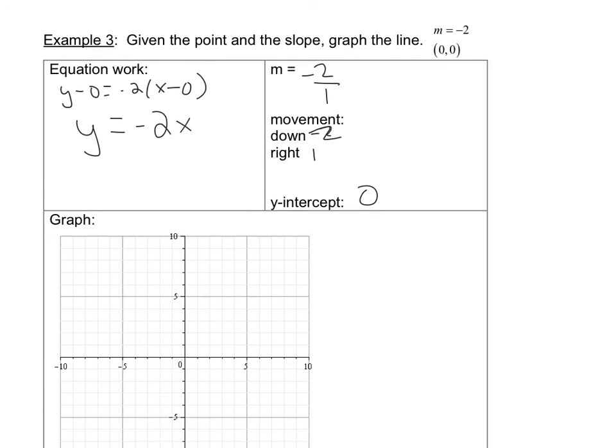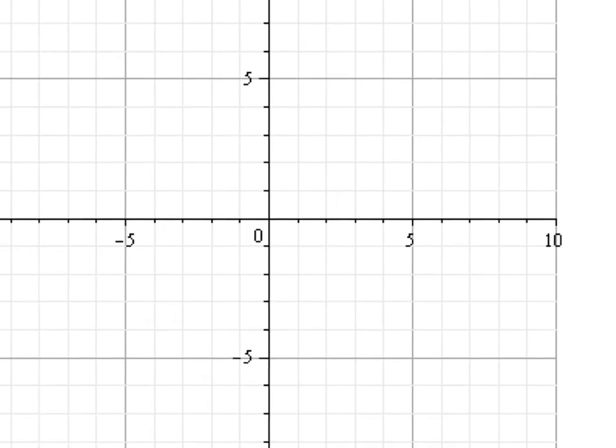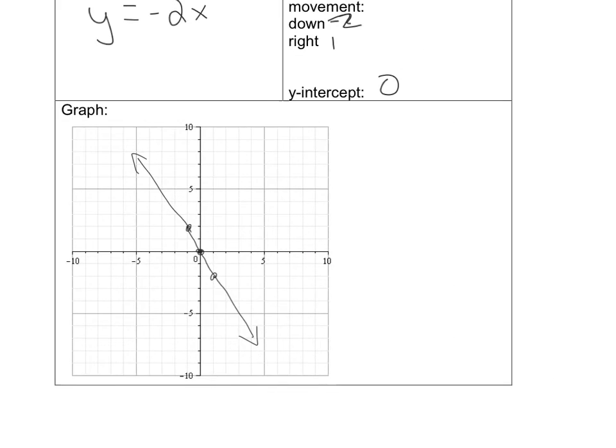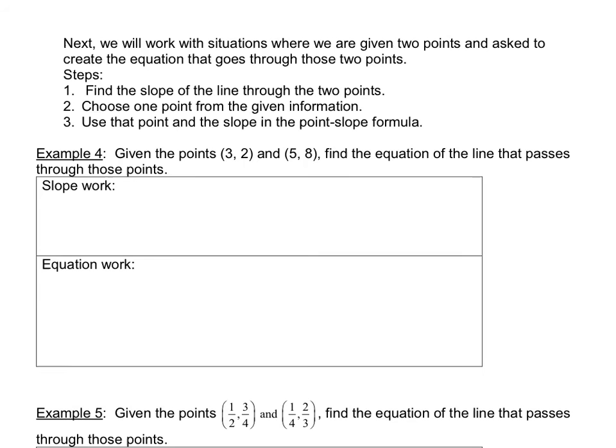So if we go to graph this now, we go (0, 0), and you can go down 2, right 1, or you could go up 2, left 1. Let's double check to make sure we answered everything. Yep. So there's the line. Let's take a look at another line.